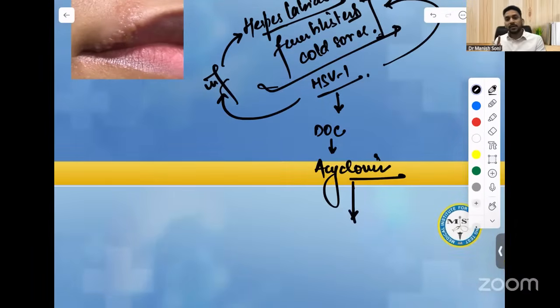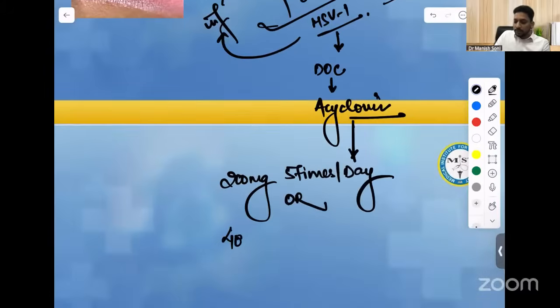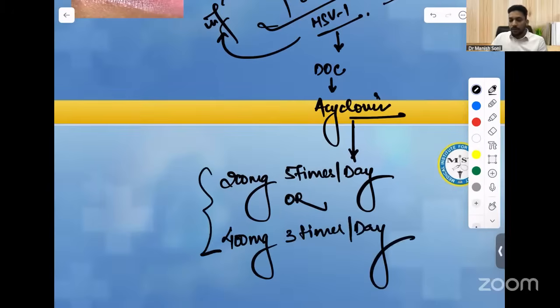But remember that acyclovir dose is different. Here it is 200 mg 5 times a day, or 400 mg 3 times a day. So acyclovir is the drug of choice for herpes zoster also and herpes simplex also.